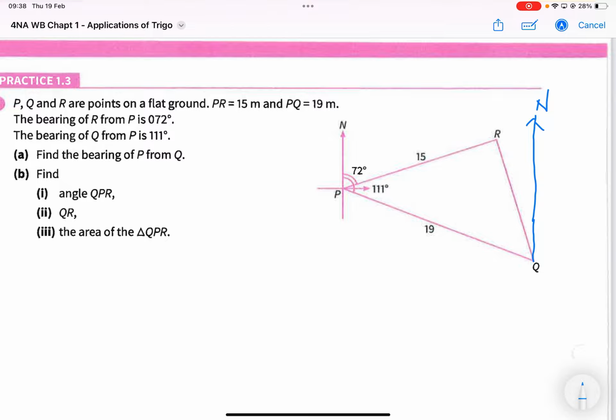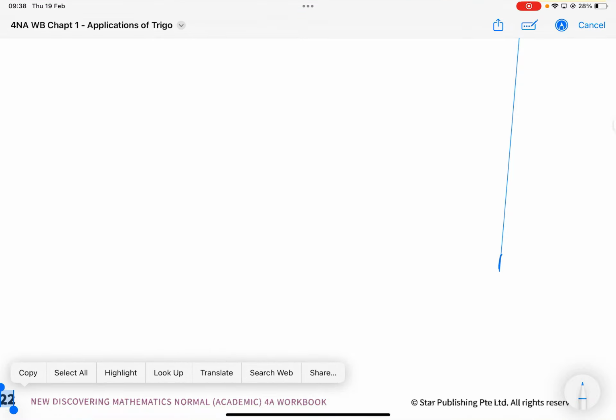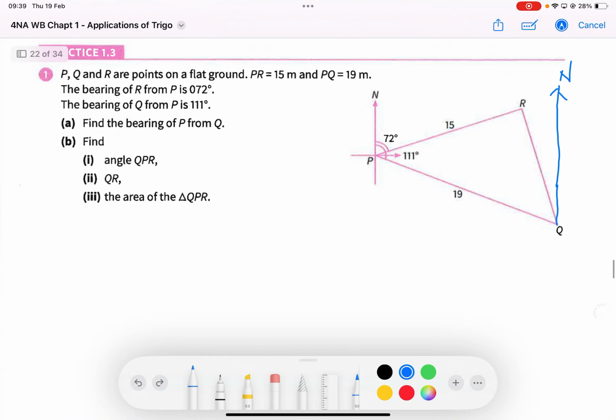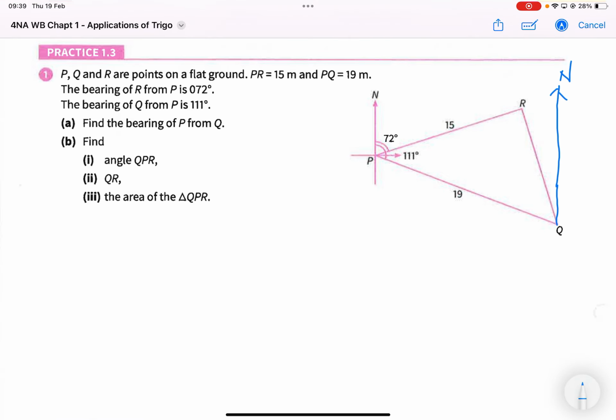Then what I'm finding, P from Q, is from north turn until P. This is the bearing that I want to find.